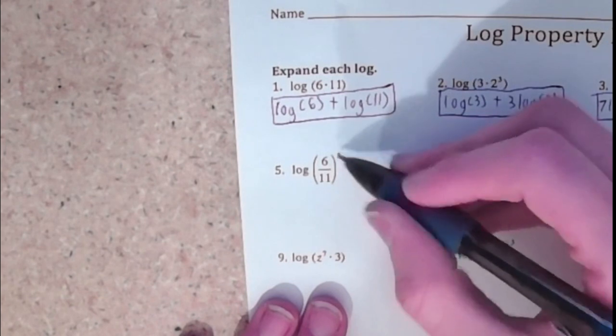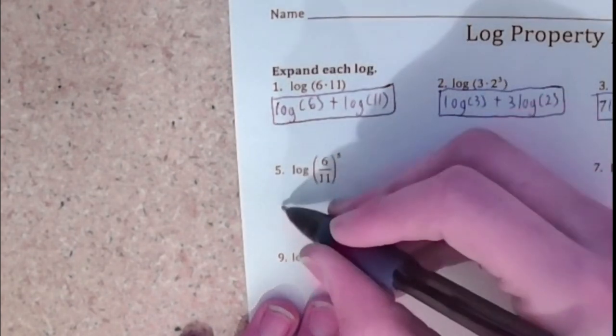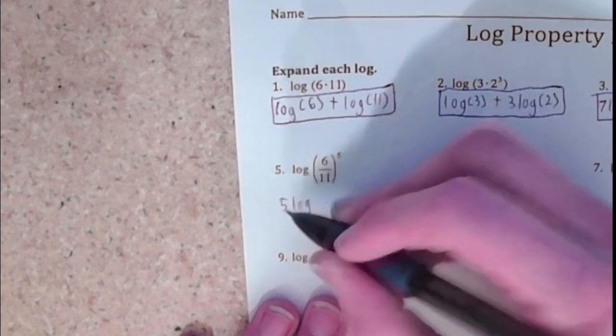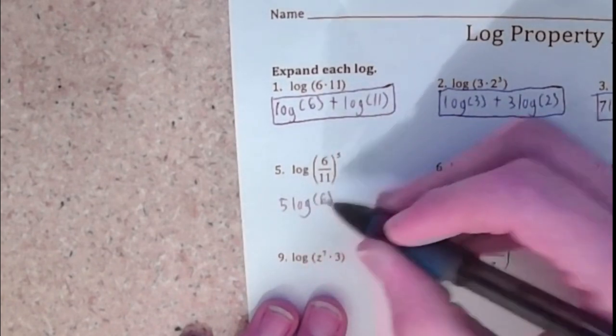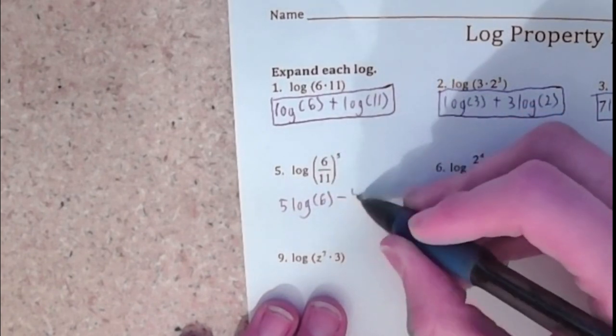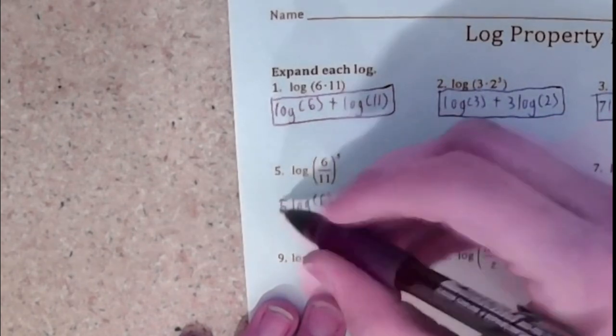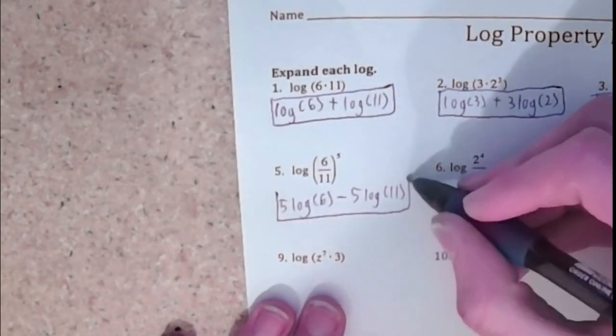So since this applies to both, it's going to be 6. We're going to have 5 log 6. And since this is in the denominator, we have to do minus 5 log 11. That is our final answer.